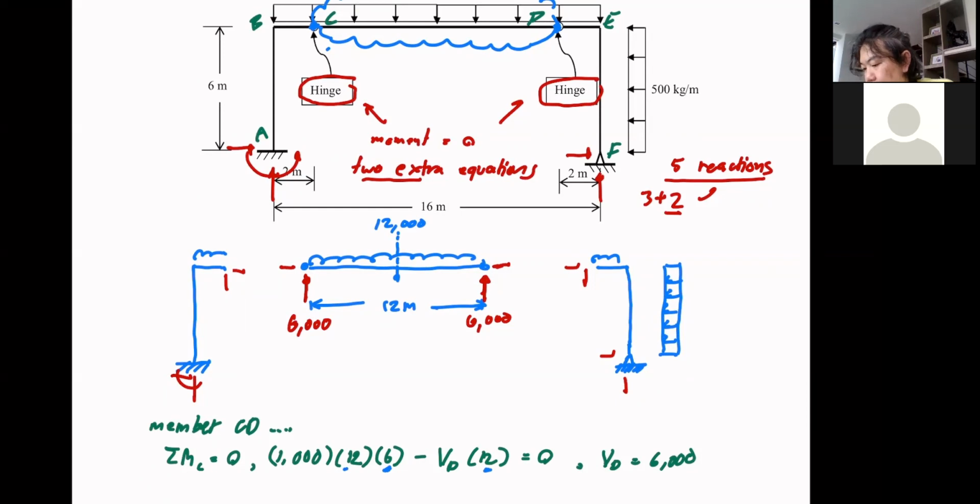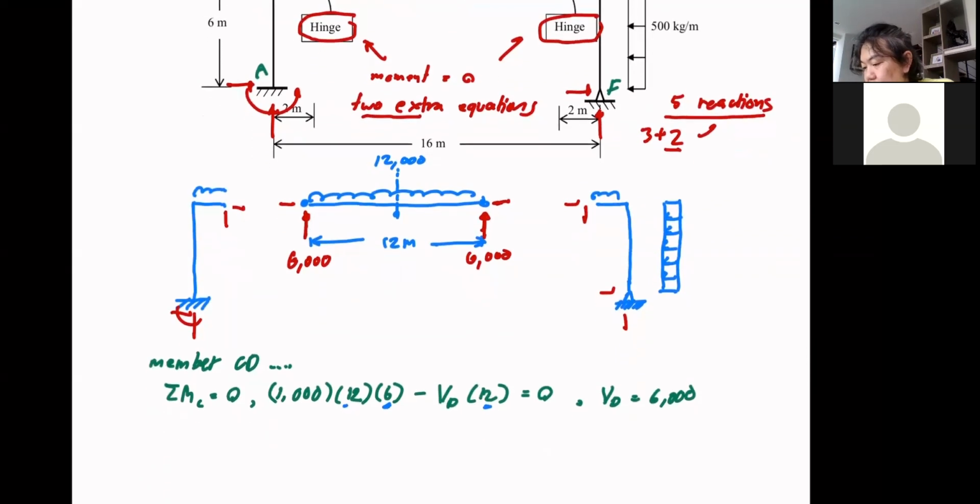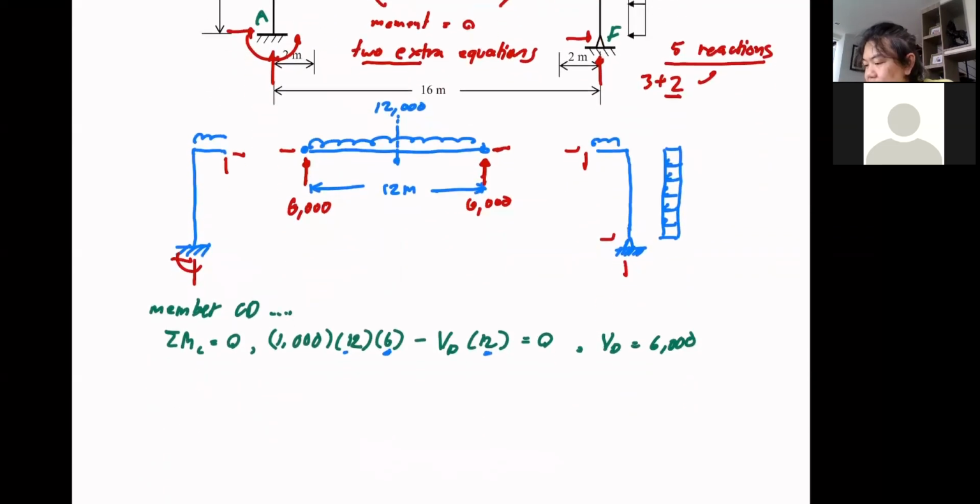So from this, you can go on and say that's your first step. The second step, you may look at the free body diagram of this member if you want.